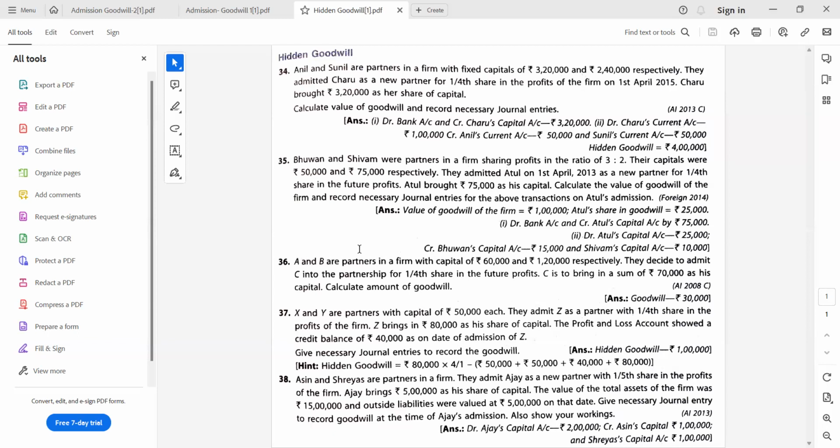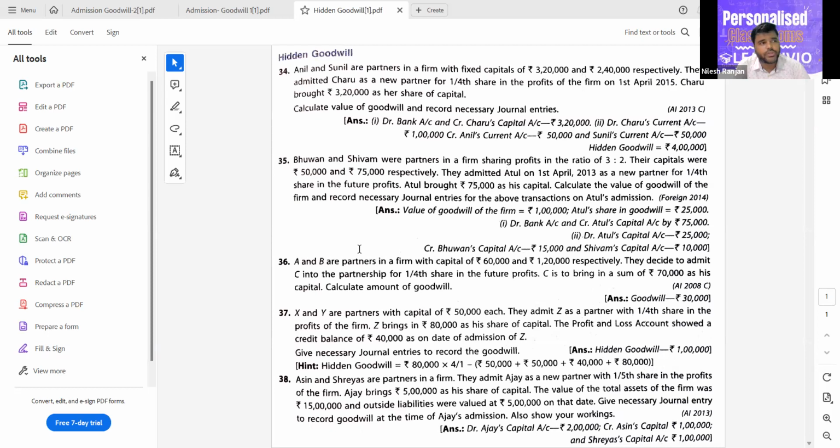So for the first one, it will be cash account debit to capital account, 80,000. For the second, not premium for goodwill account, he is not bringing goodwill.